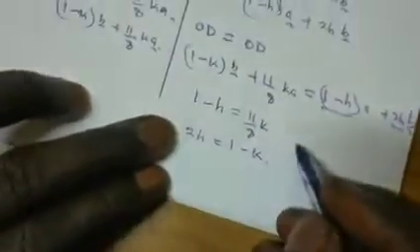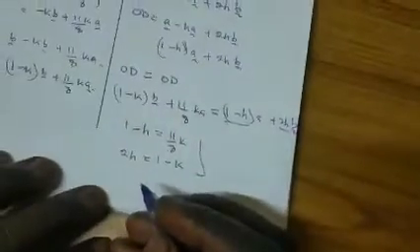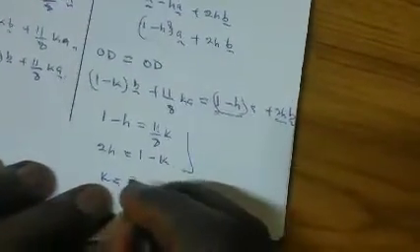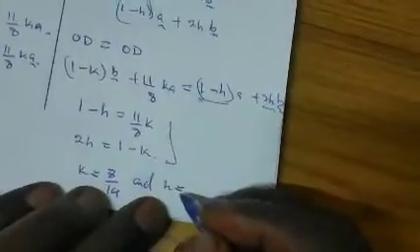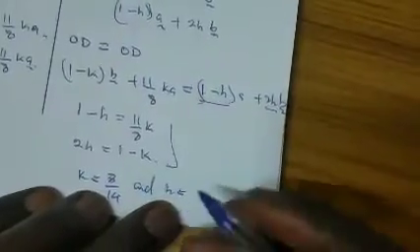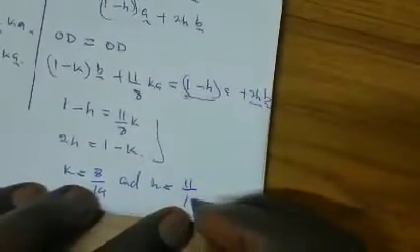So we need to solve these simultaneously. Solving simultaneously gives k to be 8 over 14, and h is 11 over 14.